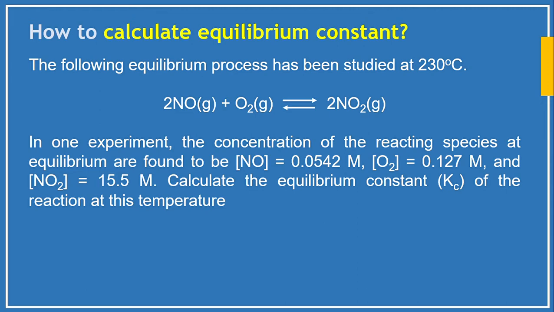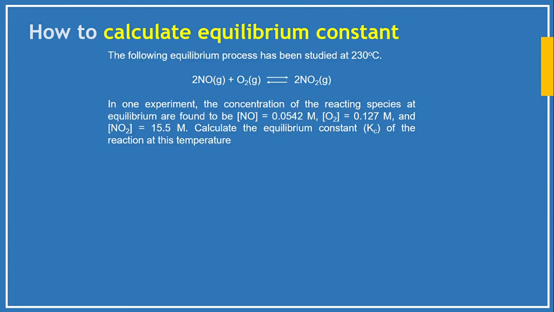In one experiment, the concentration of the reacting species at equilibrium are found to be 0.0542 molar for NO. Concentration of O2 is 0.127 molar and concentration of NO2 is 15.5 molar. Calculate the equilibrium constant or Kc of the reaction at this temperature. So, yung temperature, ignore nyo muna yan. Sa Kp siya mahalaga. Pag Kc pinag-uusapan, medyo ignore muna natin ang temperature.